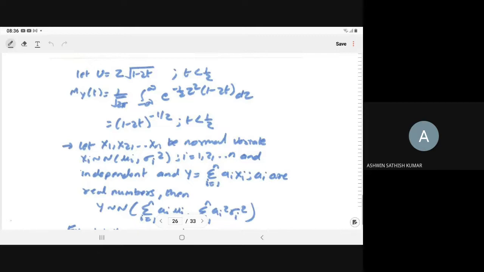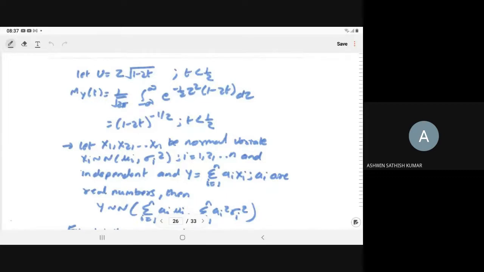So M_y(t) will be 1 upon root of 2 pi integral minus infinity to infinity e to power minus half z square (1 minus 2t) dz. Using the gamma variate, this is 1 minus 2t to power minus half.